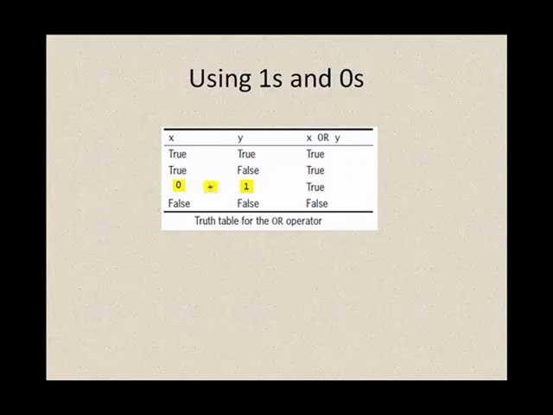And a false and a true add up to 1, not 0, so it's true. Only when both parts of an OR expression are false does the addition result in 0, which is also false. So in short, with an OR operator, both parts of the expression have to be false for the entire thing to be false. Otherwise, it's true.